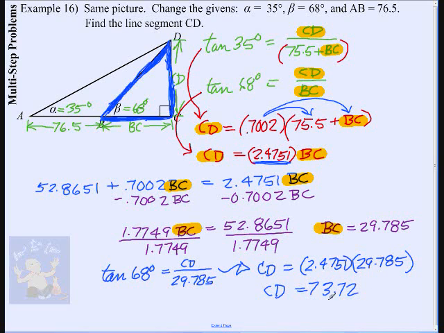We don't have a unit of measure, so that is going to have to do. Let's see, does that make sense? Line segment CD.